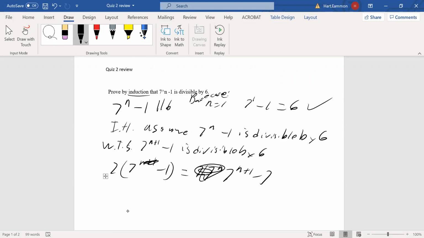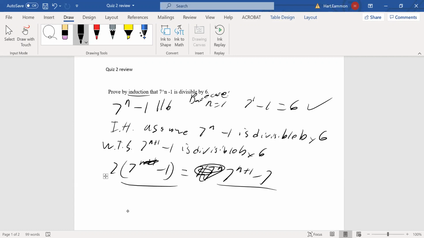So what are we going to do from here? What do we know about this? The inductive hypothesis. Well, we're trying to do the inductive hypothesis right now. So we know that this guy right here is divisible by 6, right? So what does that tell us about this guy? Should be divisible by 6 as well.